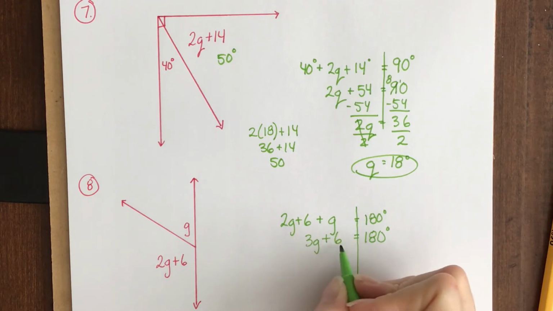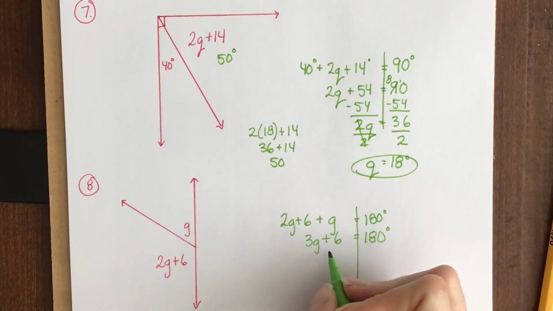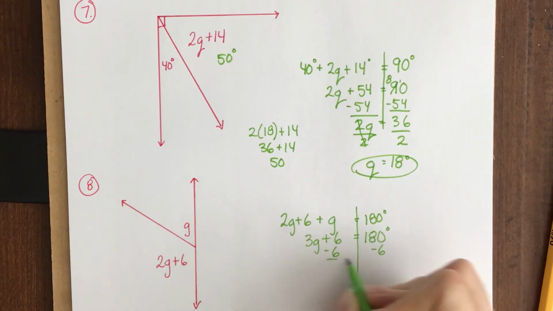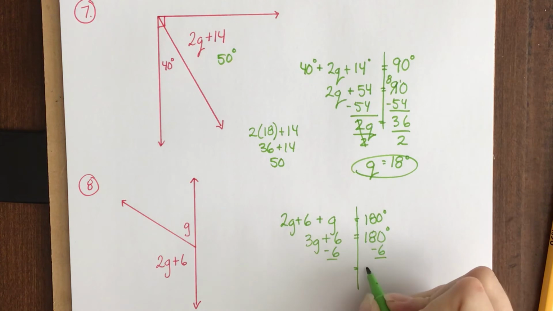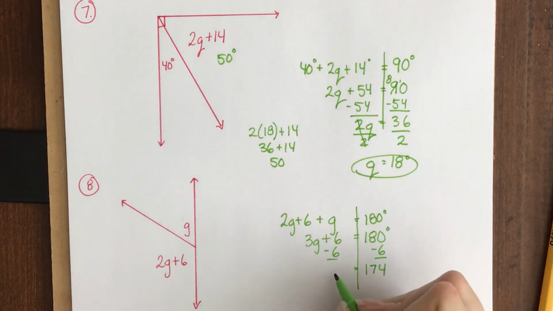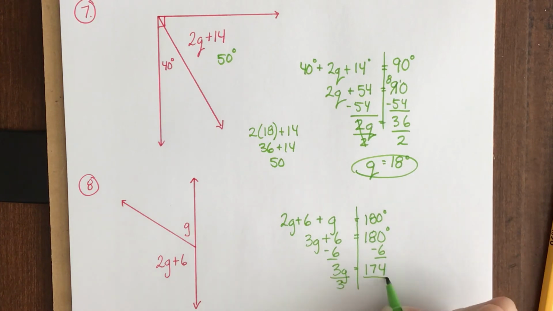We always undo the addition and subtraction first when we're solving equations. So we will subtract 6 from both sides. And we get 174 equals 3g. And then the opposite of multiplying by 3 is dividing by 3. So I am going to divide both sides by 3, and I get that g is equal to.